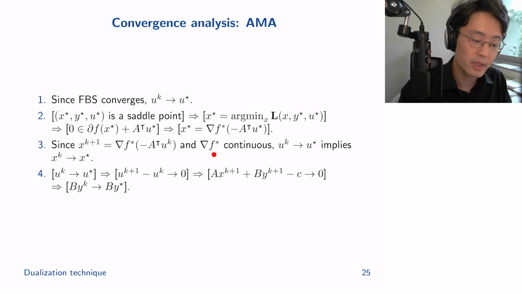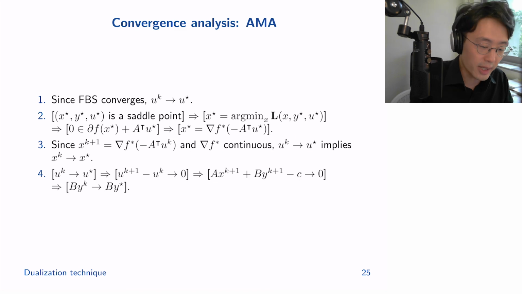Then f star is a smooth function, which means the grad of f star is Lipschitz continuous, and in particular a continuous function. So the fact that uk converges to u star implies that, since this is a continuous mapping, xk converges to x star. So this gives our primal iterate convergence for the xk iterates.